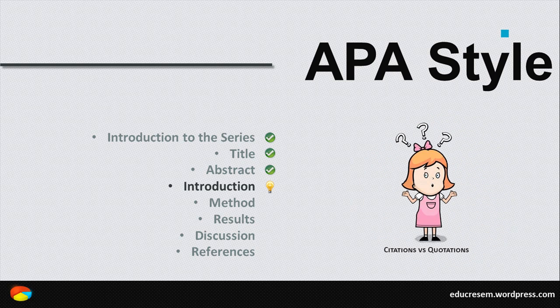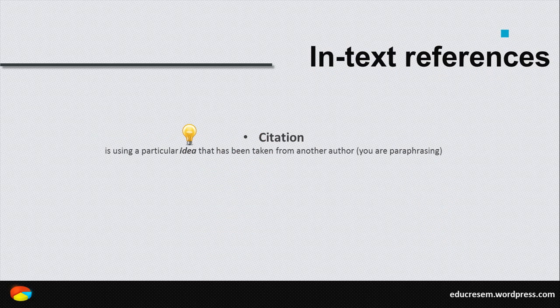So let's start with some basic definitions. What is the difference between citation and quotation? A citation is using a particular idea that you got from another author. So basically you are paraphrasing here.